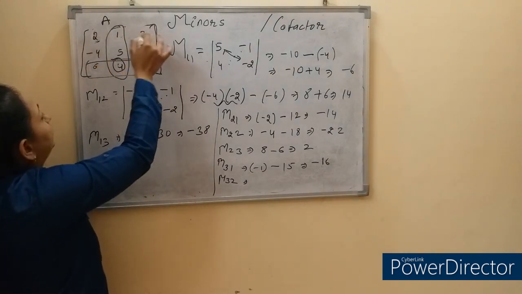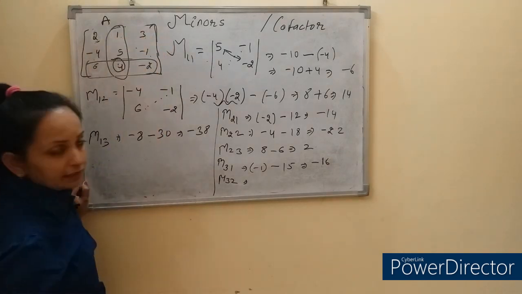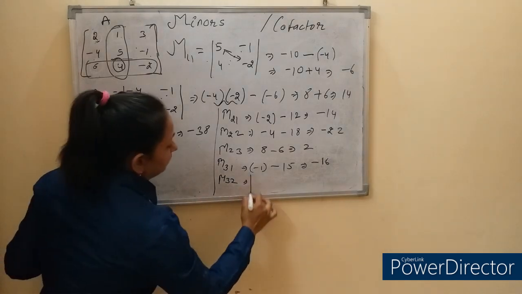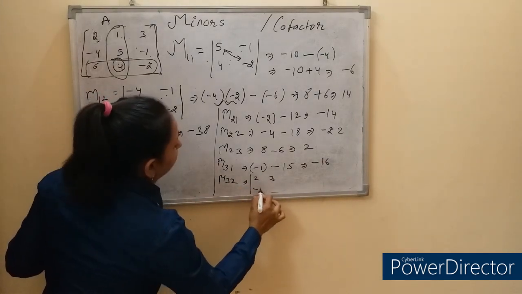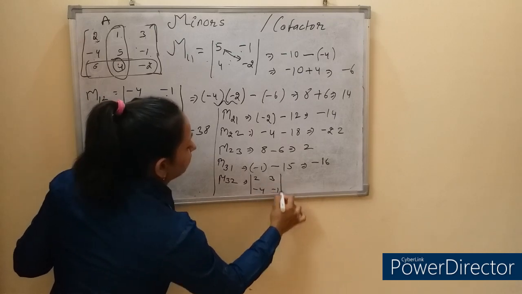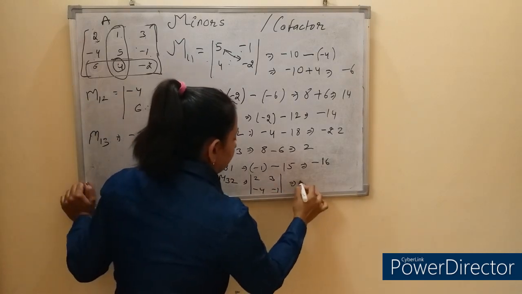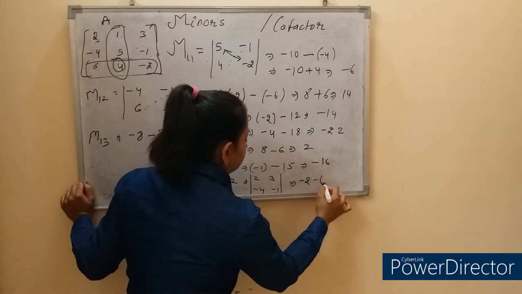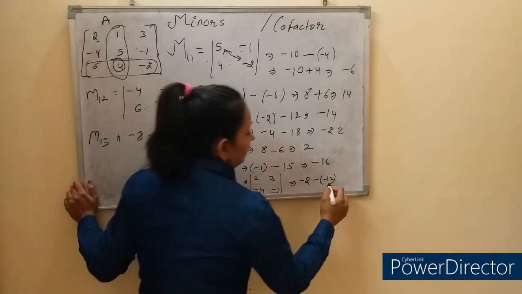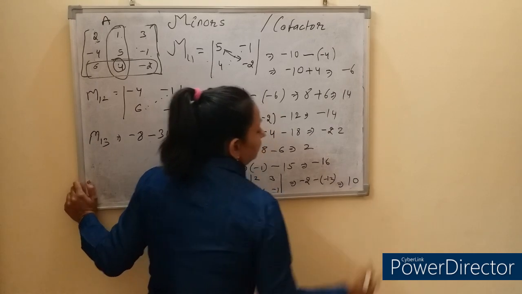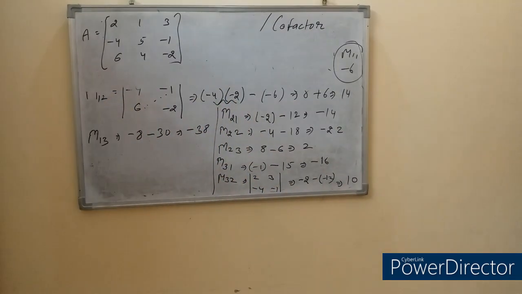I will get 2, 3, minus 4 and minus 1. For your concern, I will write it here: 2, 3, minus 4 and minus 1. So what will I get? Minus 2 minus minus 12. So it will become plus 12 and minus 2. So it will give me a 10.